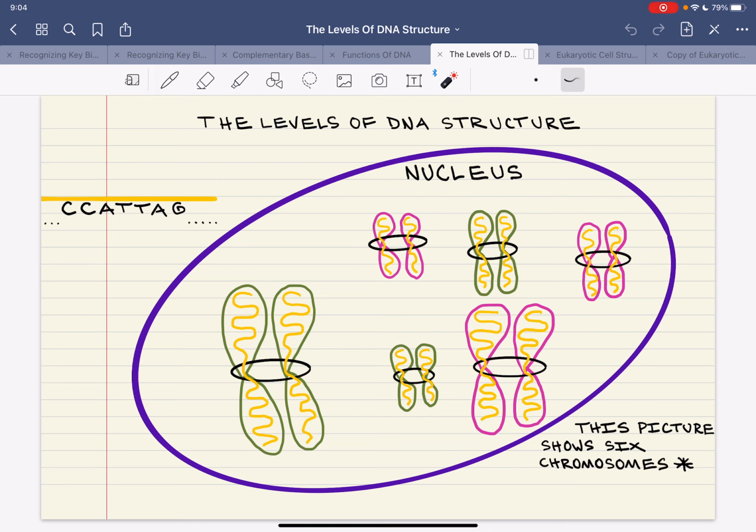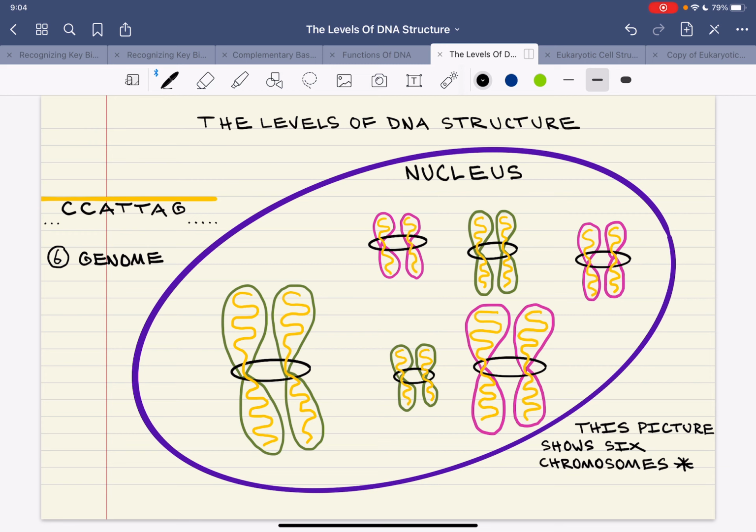So there we go. Now the biggest term that we're going to start out with, I'll keep the numbers consistent, so number 6, is called your genome. So what is that? That is all of your genetic material that you inherited from your 2 parents.